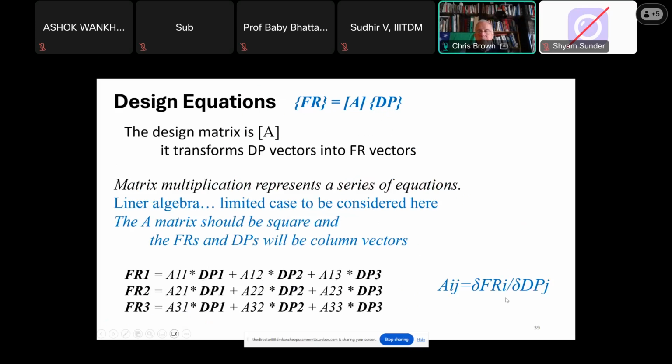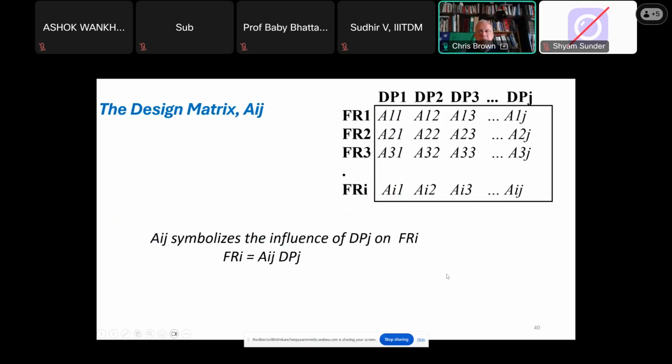They don't need to be. And so we could write this in a compact form here with subscript notation. And often we represent the matrix like this with the DPs across the top, the FRs down the side, and then we have X's and zeros, as we've been using before, to indicate if these coefficients are going to be zero or non-zero.